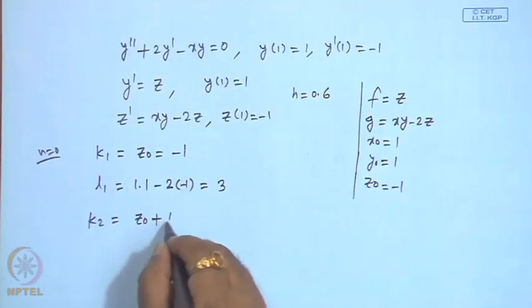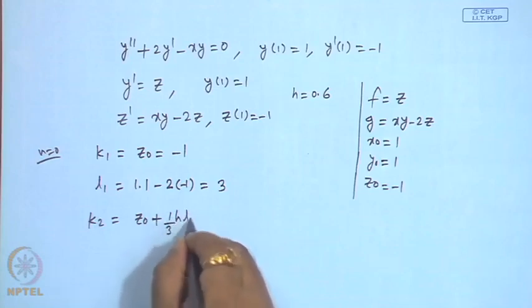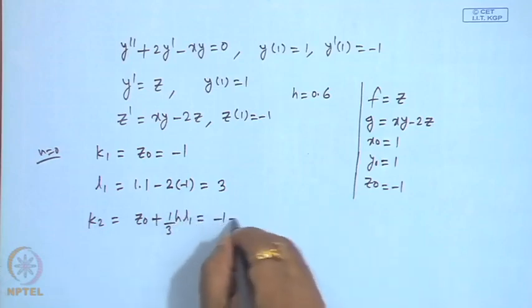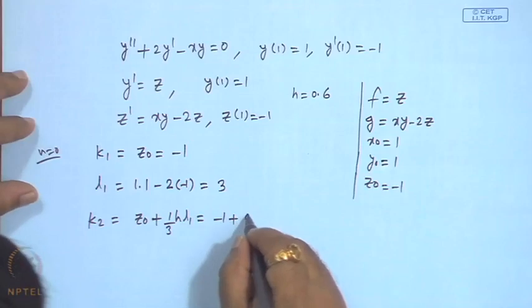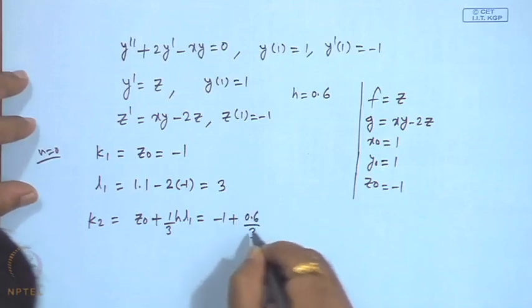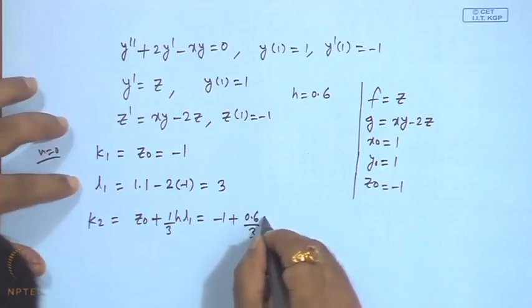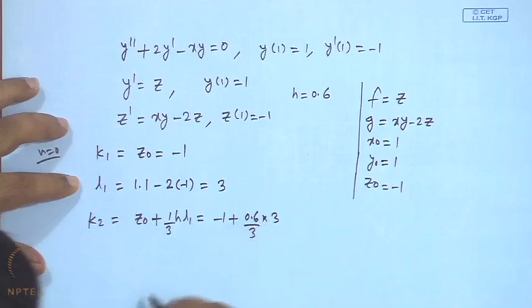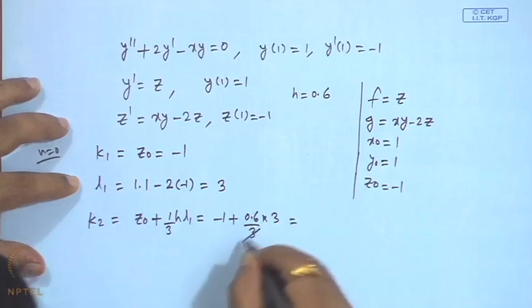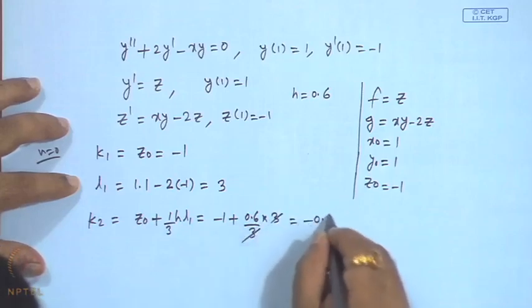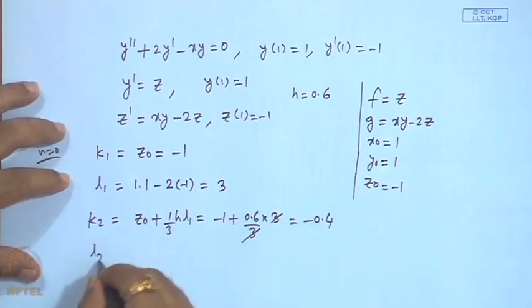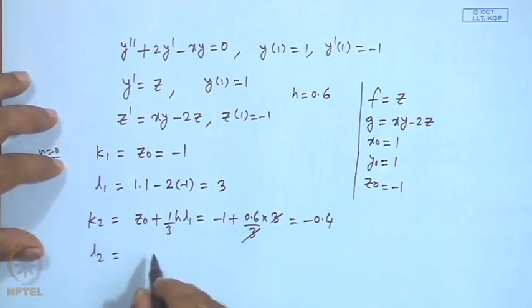So, z 0 plus 1 by 3 h L 1. z 0 is minus 1 and h is 0.6 by 3 and L 1 is 3. So, this is minus 0.4.